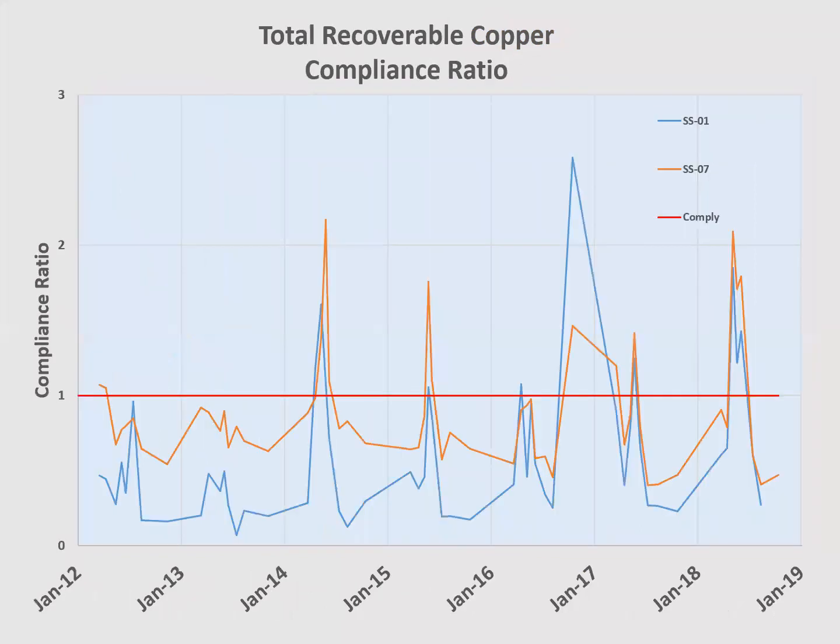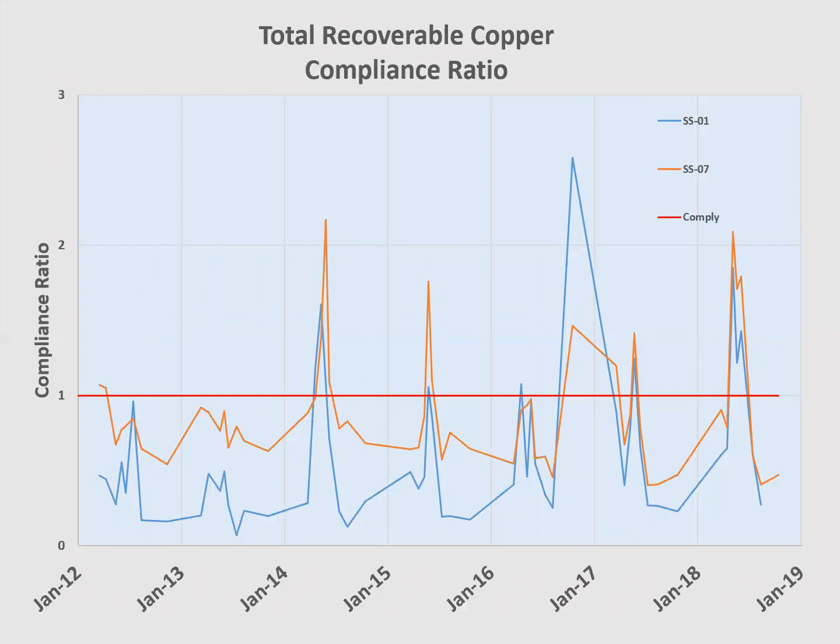Again, this is the compliance ratio. Now we can see upstream, our background water quality at SS01, and compare it to SS07. You can see there's definitely a gap still existing in what's picked up by the creek as it passes through the operable unit.